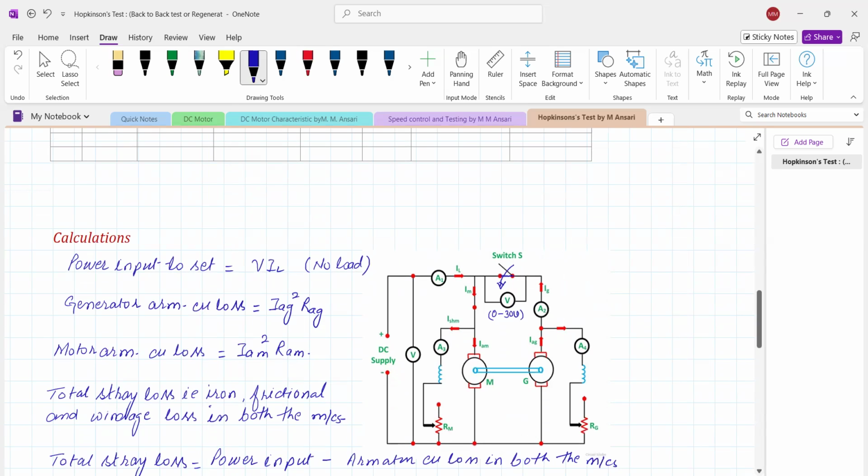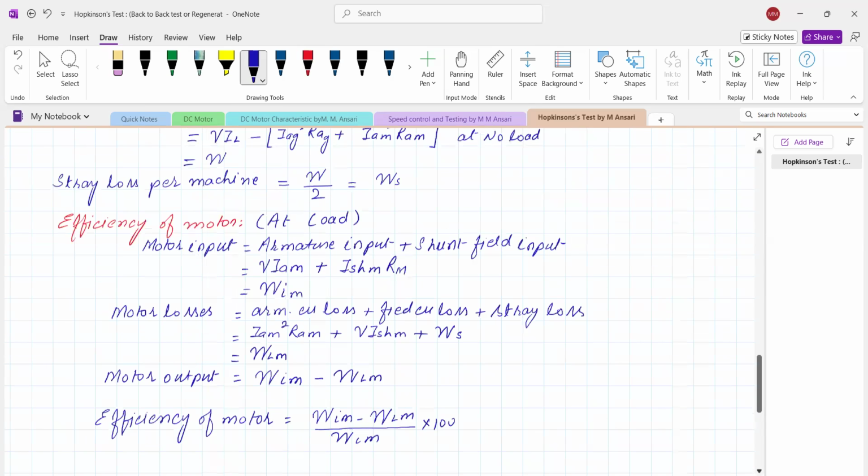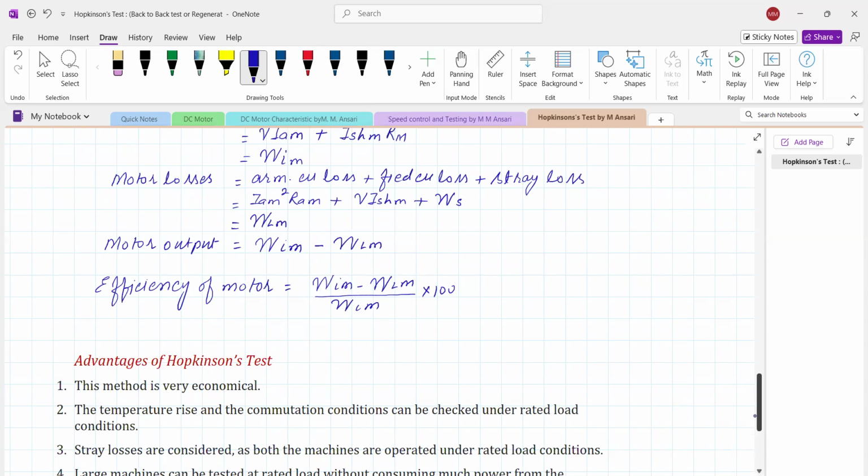So the efficiency of the generator is V into Ig, the output of the generator, divided by output plus losses, where output plus losses is the total input, WLG being the generator loss. It looks somewhat difficult, but in the numerical we are not using the same nomenclature.